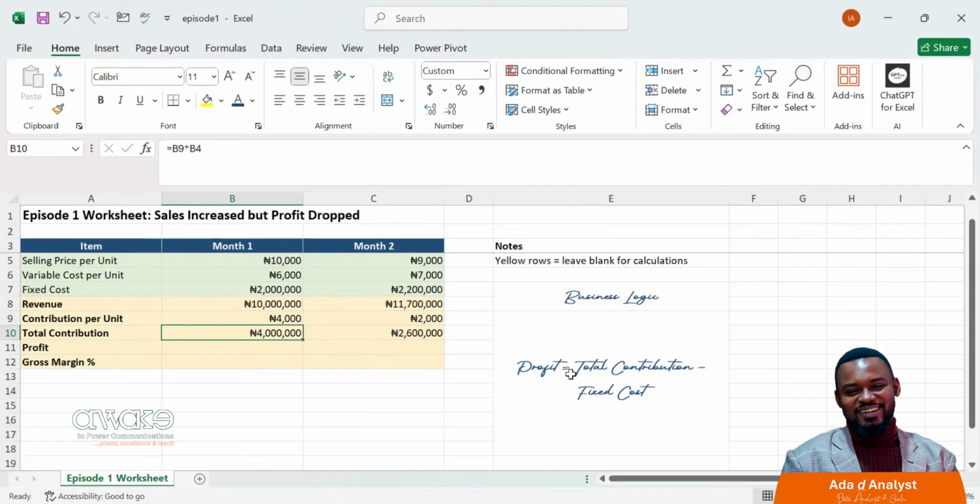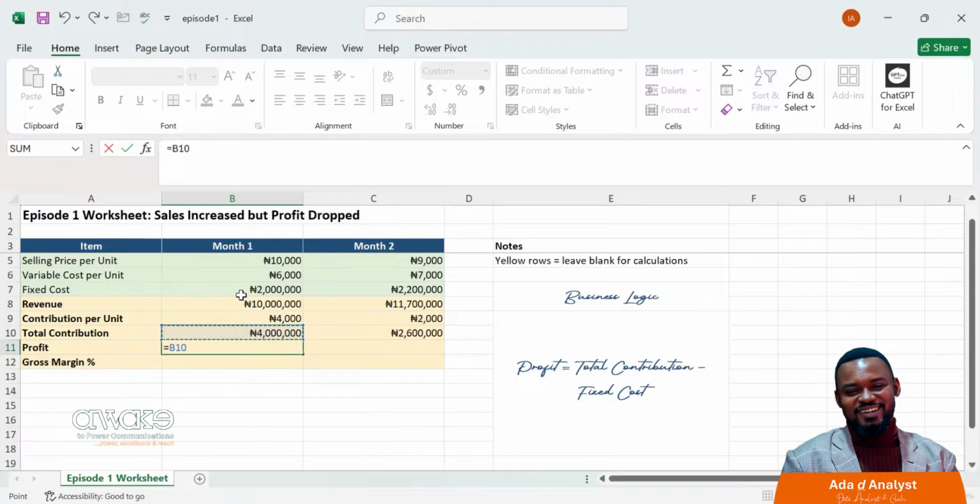So if we say total contribution minus fixed cost, we will be getting our correct profit here. So our profit here will now equal total contribution here, right, minus fixed costs. This is fixed costs.